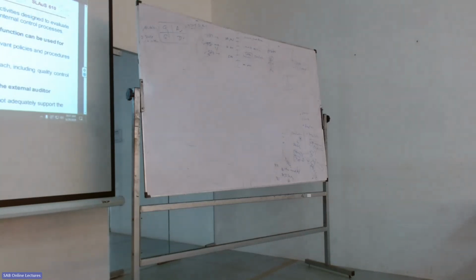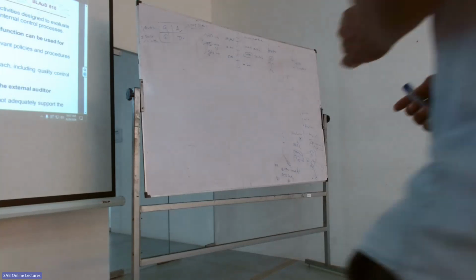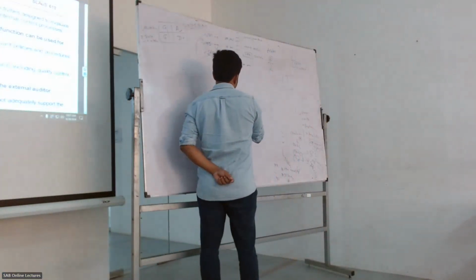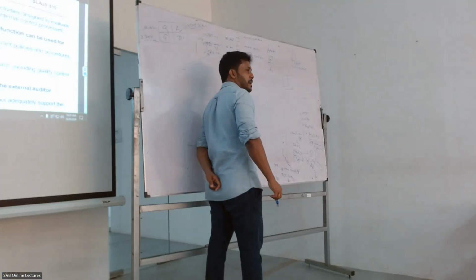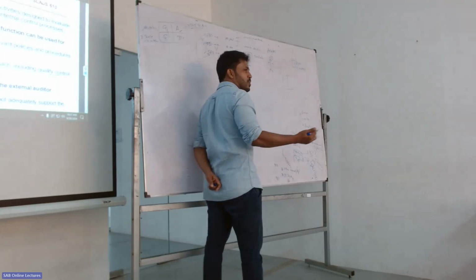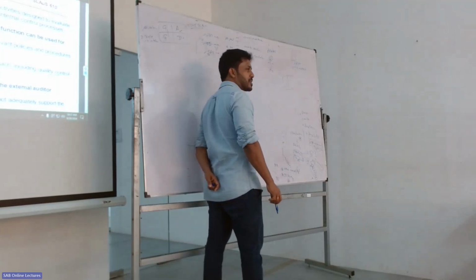So you know that in the first area we discussed the control framework. In the control framework, we had risk assessment, control environment, communication, all those aspects. Controls, right?